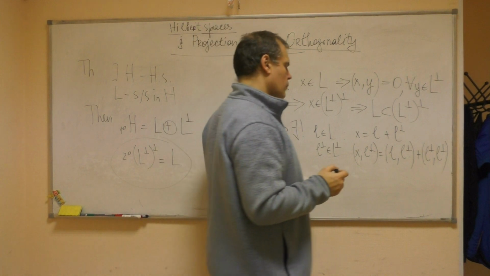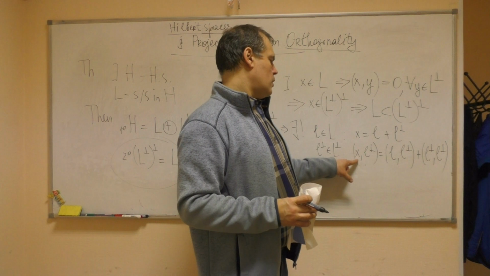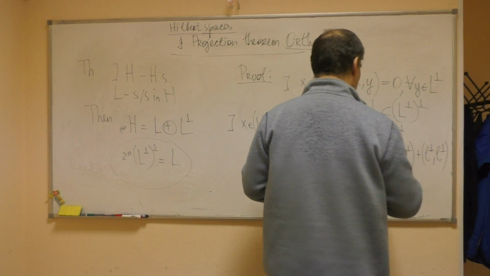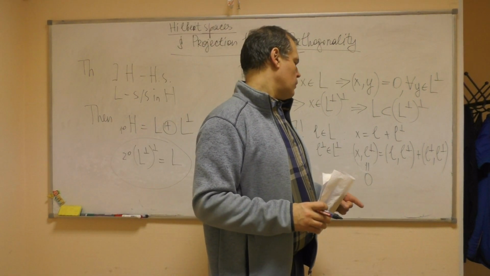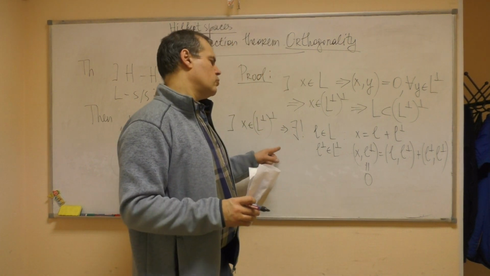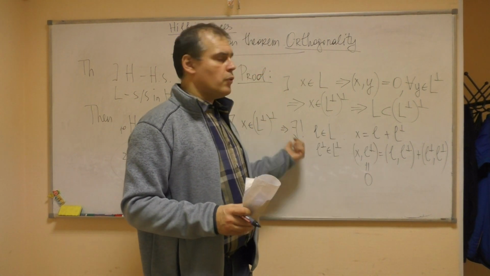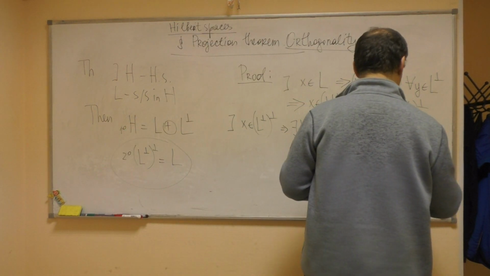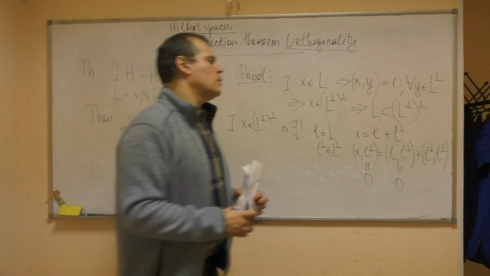Sorry, x is from the second orthogonal complement, so if we multiply it by an element from the first orthogonal complement, it will give 0. The same here, L is from L, this is from L orthogonal.